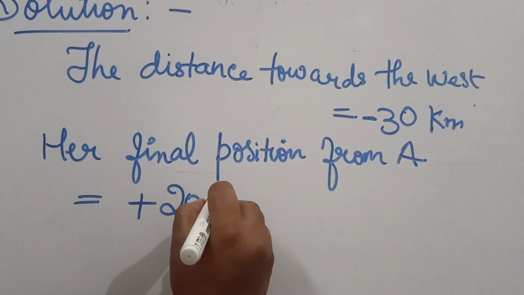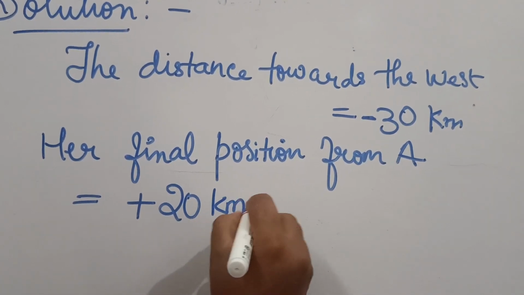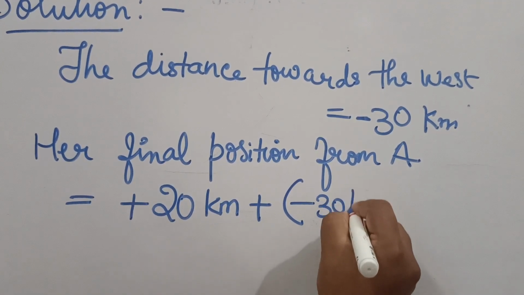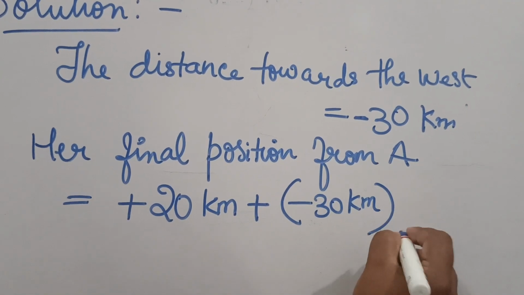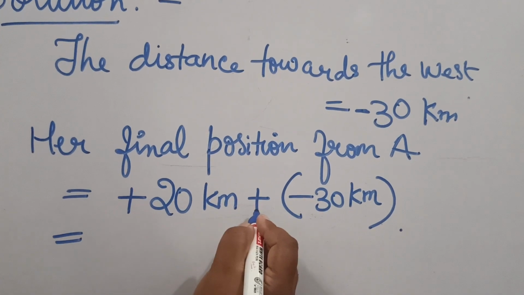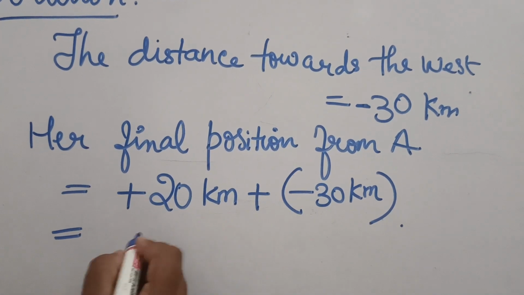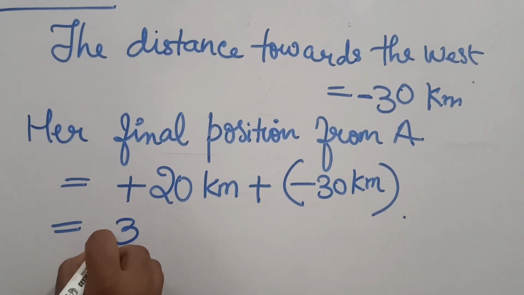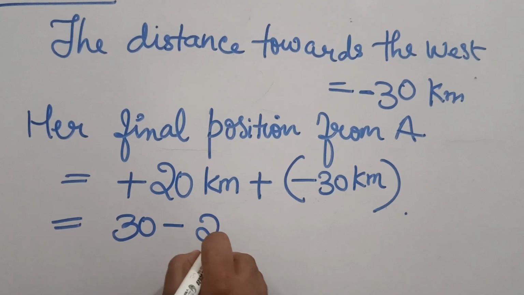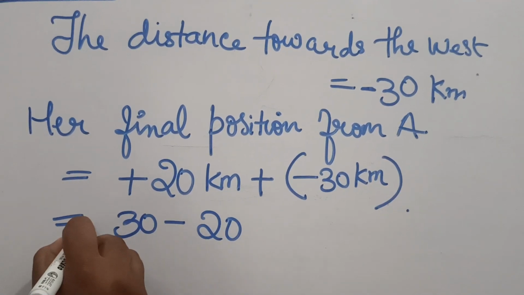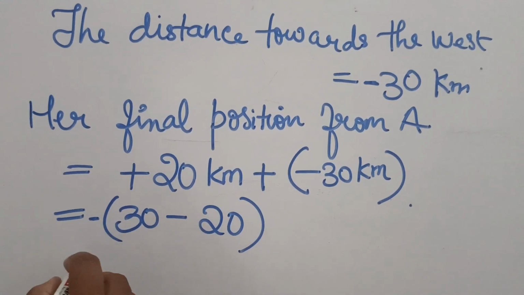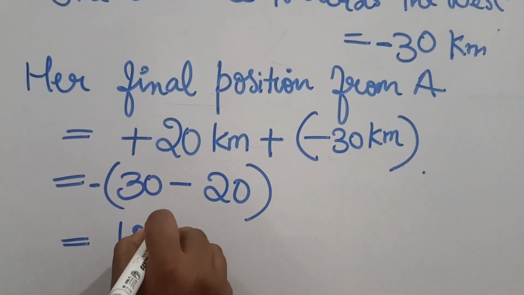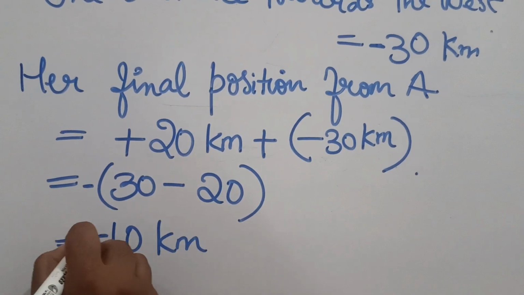20 kilometers, okay, plus 30 is in negatives, so 30 kilometers. So plus and minus is minus, so this is minus 30 minus 20, okay, so is 10 kilometers, that is minus 10.